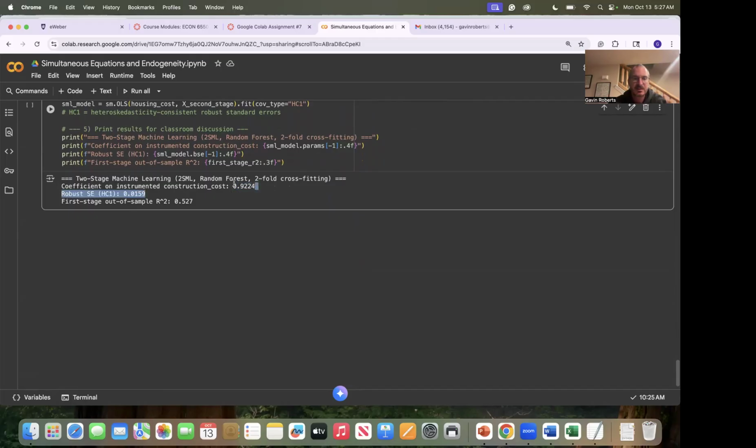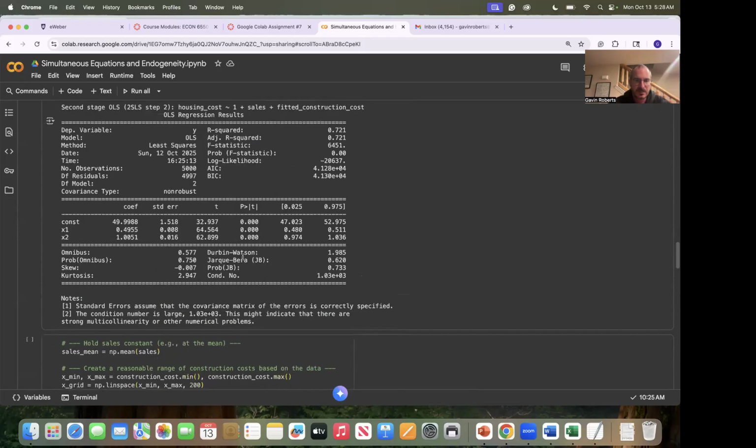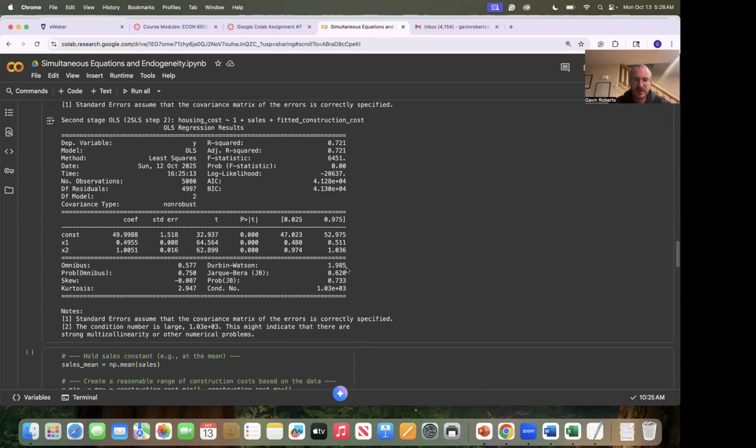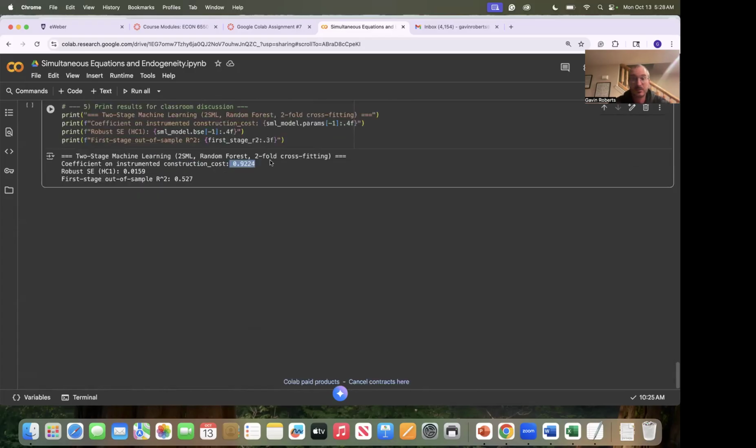Here is our coefficient of interest. That is farther away from the truth, because remember, the true parameter was 1. That was the construction cost parameter that we set. Let's see, we can just check it out. We got 1.0051, so very close. This is a little bit more distant, a downward bias. Really what's happening here is we're doing a better job fitting that, and we're bringing across some of the endogeneity.